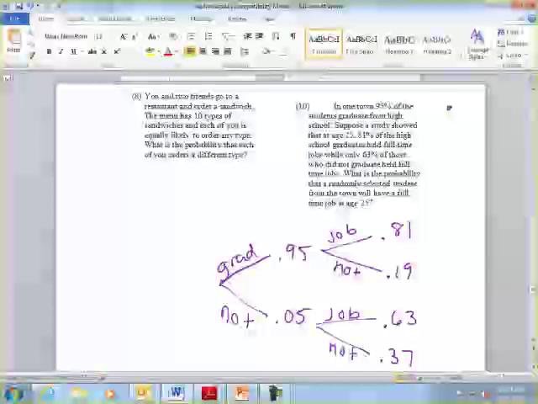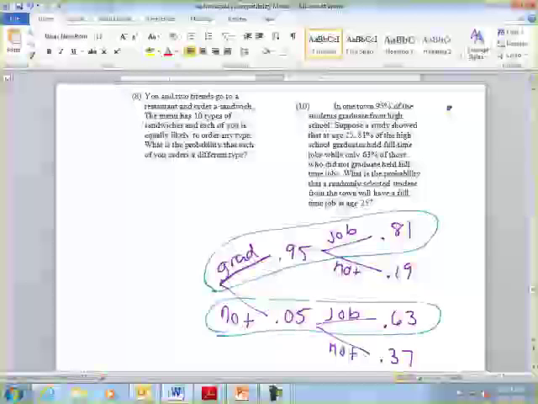The question asks, what is the probability that someone will have a job? So there are two branches that talk about having a job. Either somebody graduated and then got a job, or somebody did not graduate and got a job. Within the branches, we multiply the values.